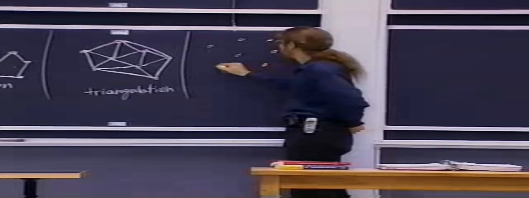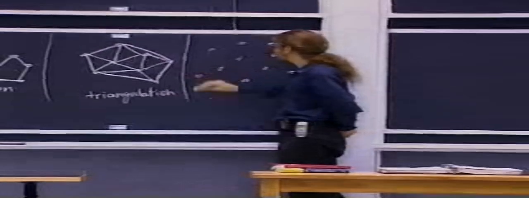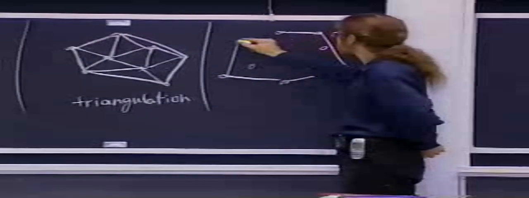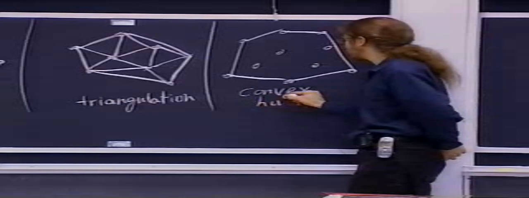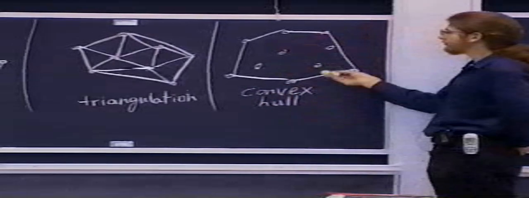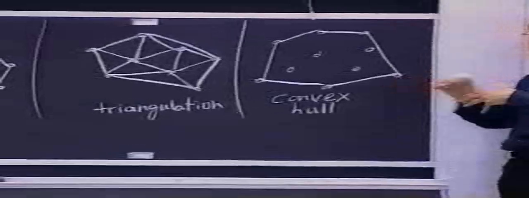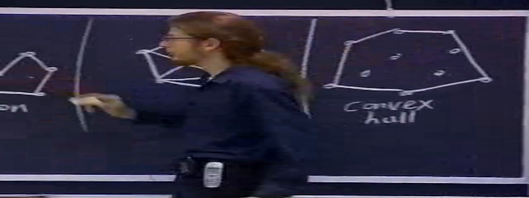Another problem I'll mention, and you'll see it in recitation on Friday, is finding the convex hull. If you're given a set of points, this is the convex hull. It's sort of the smallest polygon that contains all the points. It's a particular form of this problem.